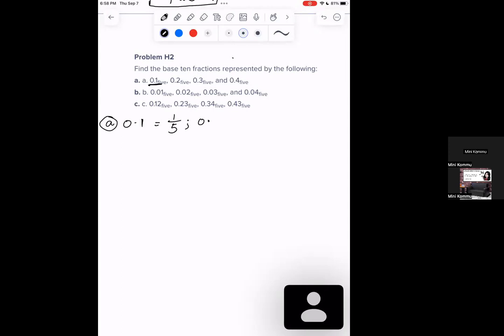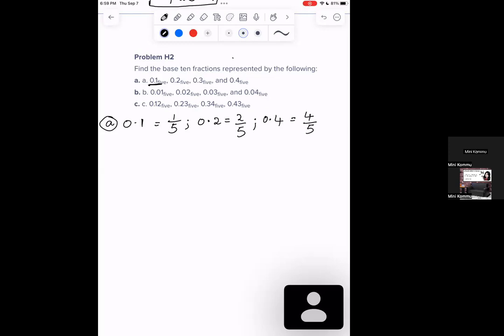Now 0.2, it's also in the 1/5 place, but you have to multiply it with 2 because the value here is 2. So it will be 2 over 5. Just like the way we did it in the previous problem too. But you can just go ahead and take a look and you'll know the answer. Now 0.4, again, 4 is in which place? 1/5 place. So 1/5 times 4, which will be equal to 4 over 5.